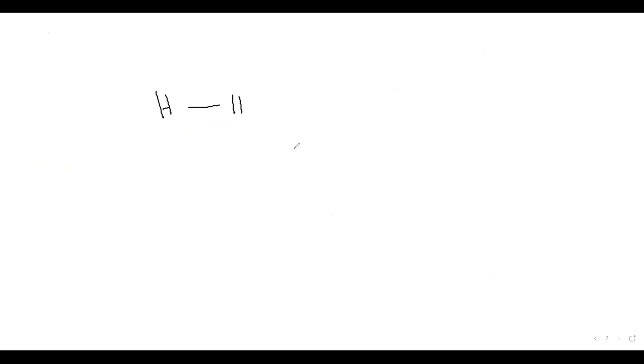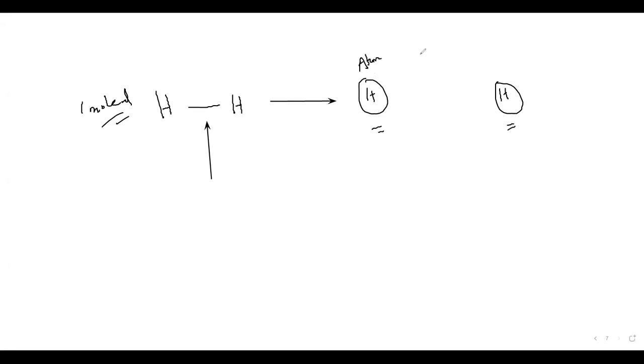The term atomization means we produce atoms. So you have a hydrogen molecule, you supply energy, and what do you produce? When you supply energy, you produce hydrogen atoms. So if we have one mole of hydrogen molecule, it will produce 2 hydrogen atoms.